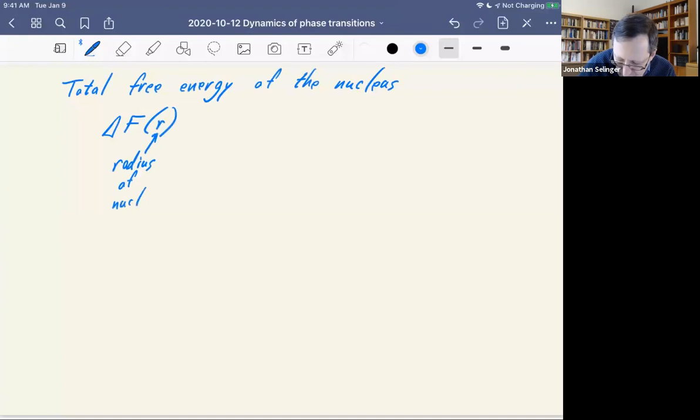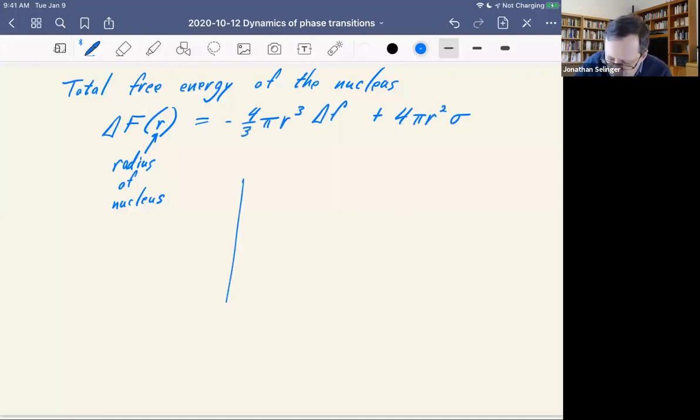And it looks like the sum of those two things: minus 4/3 pi r cubed times delta F plus 4 pi r squared times sigma. So let's make a plot of this as a function of r.